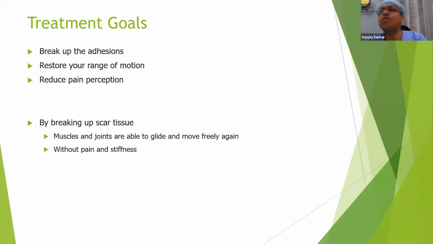Okay, treatment goals: break up adhesions, restore range of motion, restore pain perception, we all know. By breaking up scar tissues, I am repeatedly saying that the philosophy or treatment approach for ART is to break up scar tissue and adhesions.